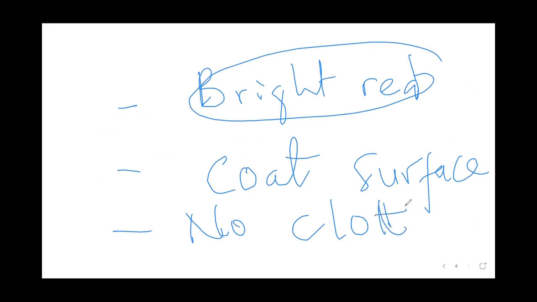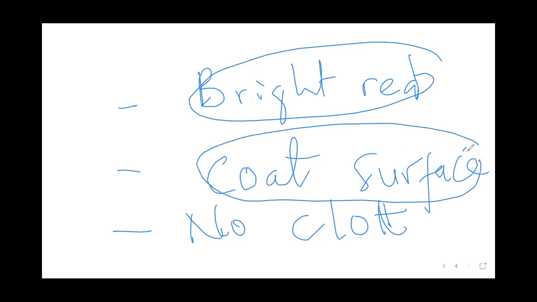So what you need to understand here is, since it's bright red, it has not been altered. It has not been denatured, it has not been digested by enzyme. And since it's coating the surface of the stool, it's not far from the anal verge.